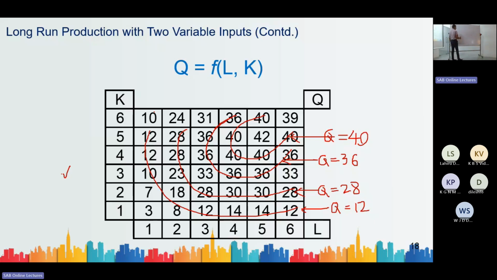And the opposite is isoquant curves that are closer to the origin. Isoquant curves that are closer to the origin show lower output levels.